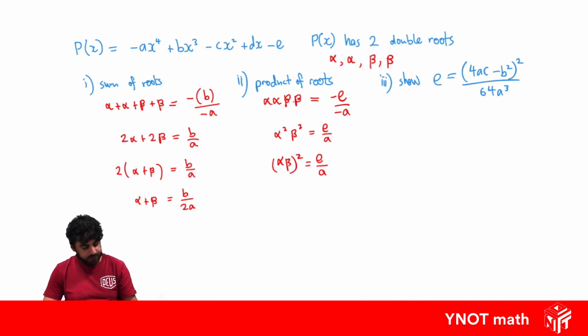Now, this obviously relates A, B, C, and E all together. And we have expressions for the sum of the roots, and the product of the roots. And a good place to start might be just to look at the sum of the roots 2 at a time, because it's something we haven't looked at.